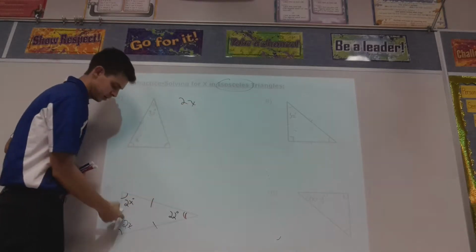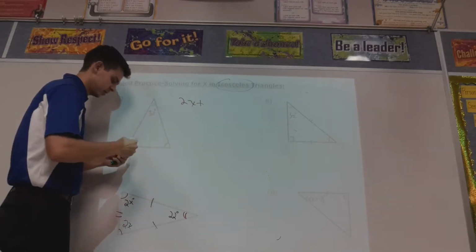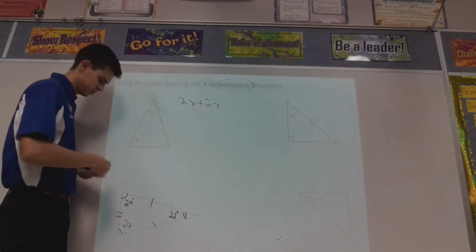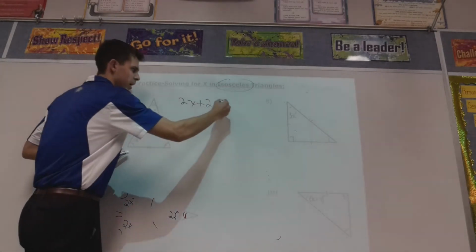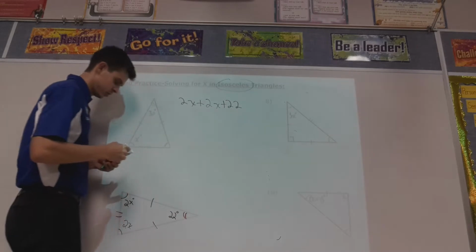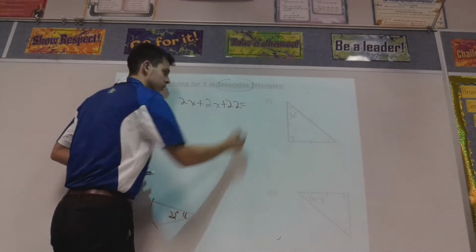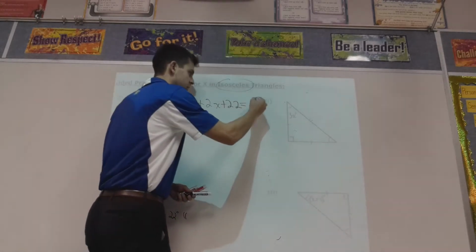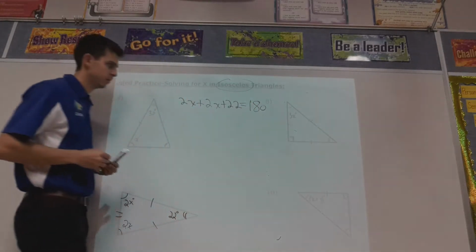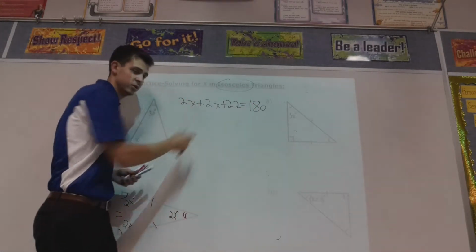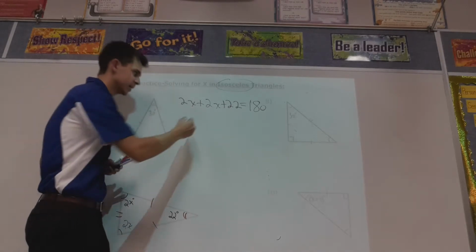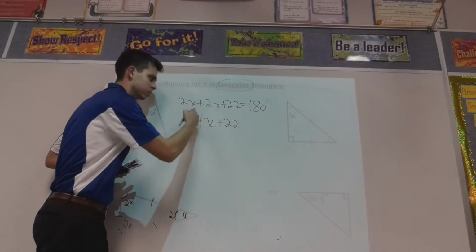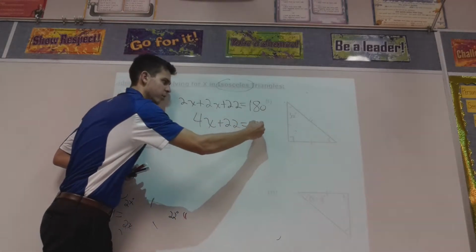2x plus 2x plus 22 should equal 180 degrees. I have 2x's here and 2x's here. That combines to give me 4x plus 22 is equal to 180.